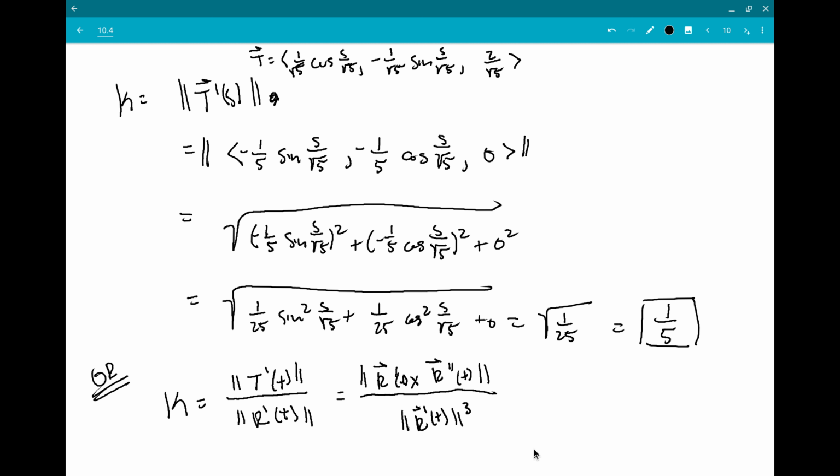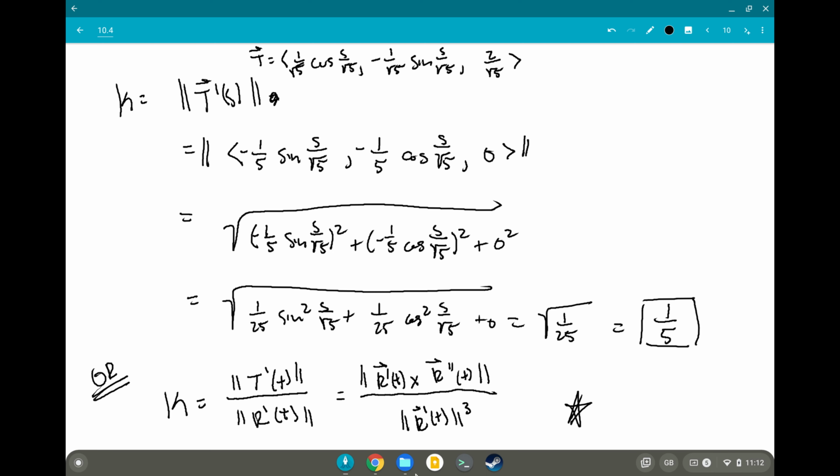But there are these other two formulas that you're welcome to use: the magnitude of r prime cross r double prime over the magnitude of r prime cubed, or the magnitude of T prime over the magnitude of r prime. I just wanted to fix that so you can see it well. Please write those equations in your notebook, and we'll practice one of them in a second.